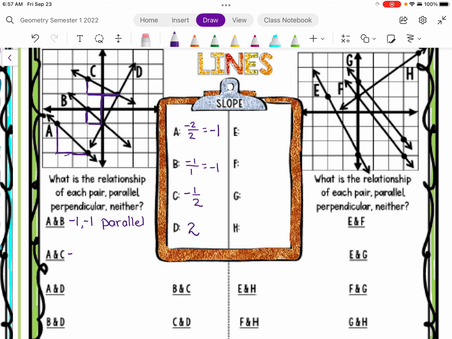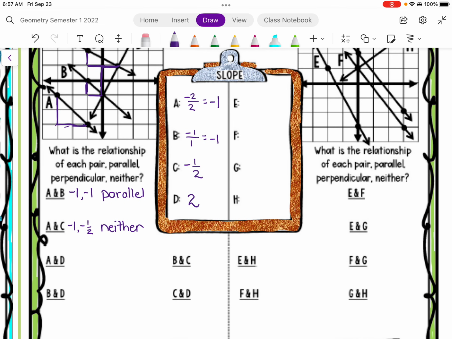A and C are not the same, and they're also not opposite reciprocals, because opposite reciprocals would mean one's negative and one's positive, so therefore neither. A and D, we do have a positive and a negative, but we do not have reciprocals of one another, so we don't have two fractions that have flipped. So also neither.